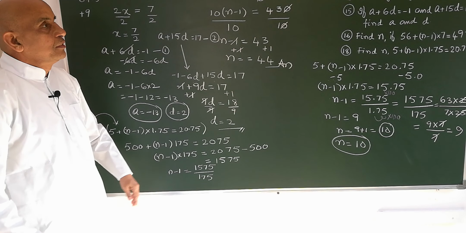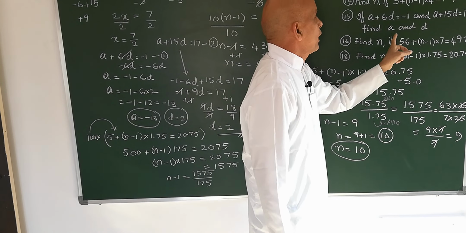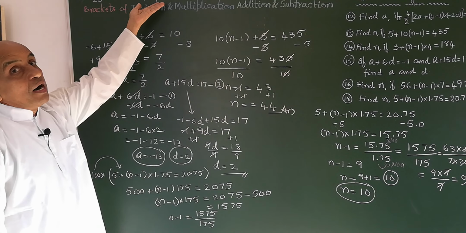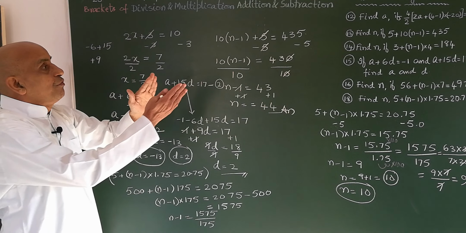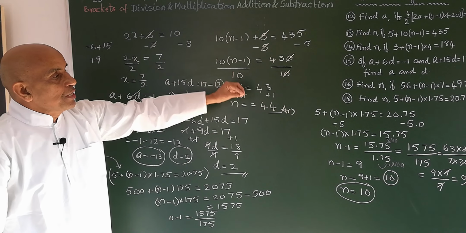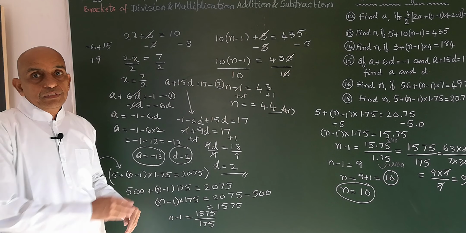So dear children, whenever you have unknowns, you need not get confused. The same order of operations we will follow, but we will follow it in reverse order. Those simplification problems, some more problems we will discuss in coming classes.